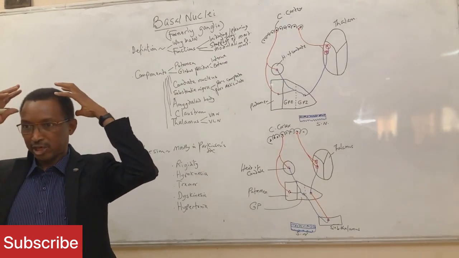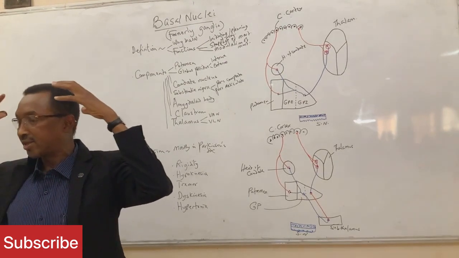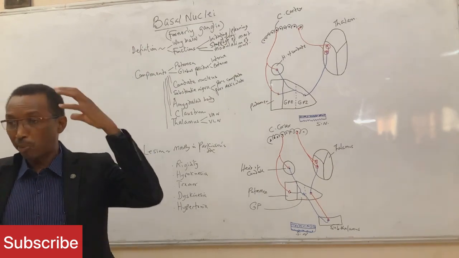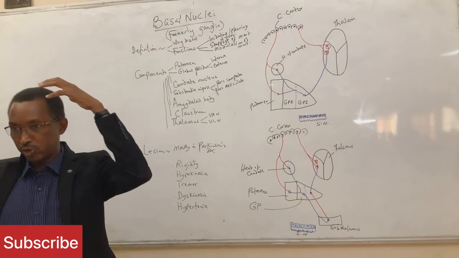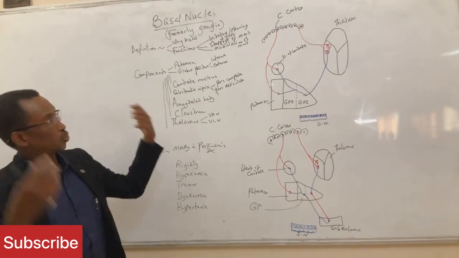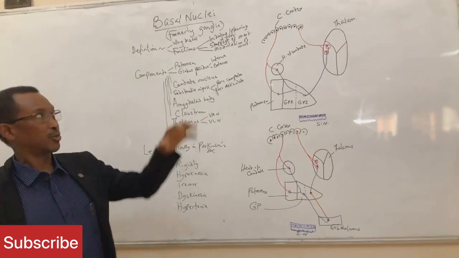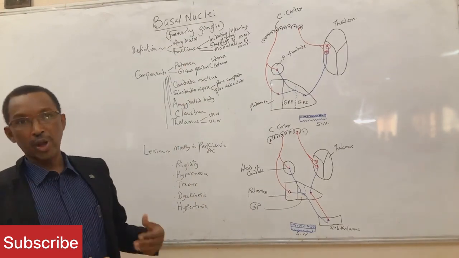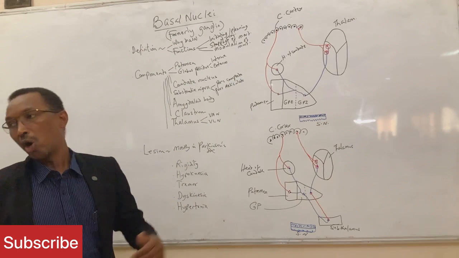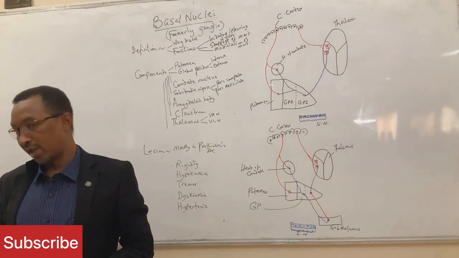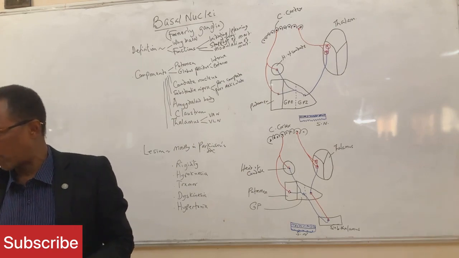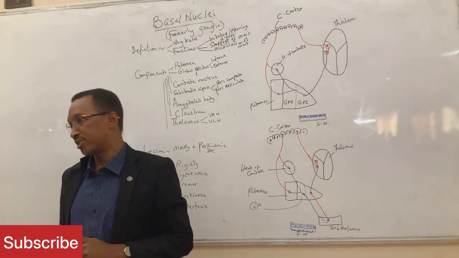You are aware that the cerebral hemisphere is coated with a conglomeration of many cell bodies around the outer surface of each cerebral hemisphere, and that is what we call the cerebral cortex. So because this group of nuclei are below the cortex, basal nuclei are called a subcortical group of nuclei. And they are also intracerebral because they are within each cerebral hemisphere.